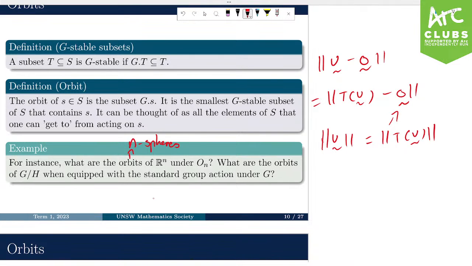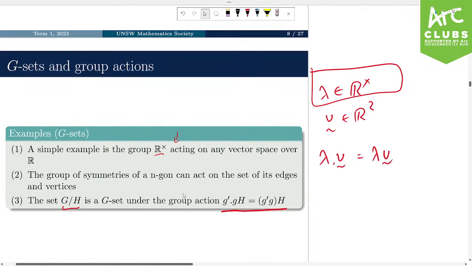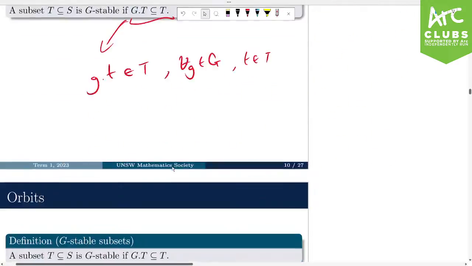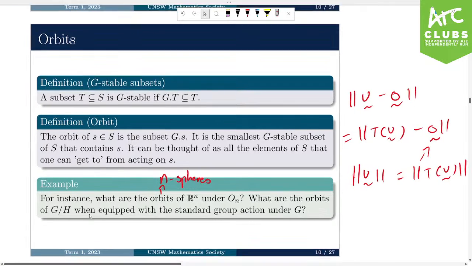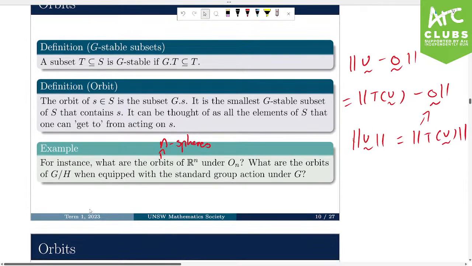And now the second example, the orbits of G mod H when equipped with the standard group action under G. That was defined up here. To approach this, we can take an element from G mod H and see what the orbit of that is. So let's see what G dot H is.